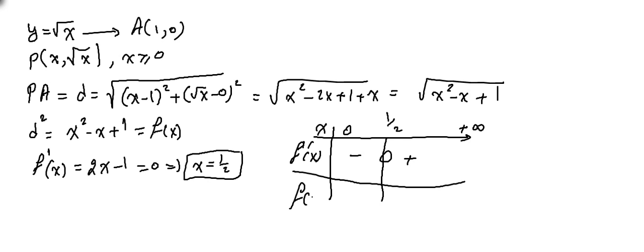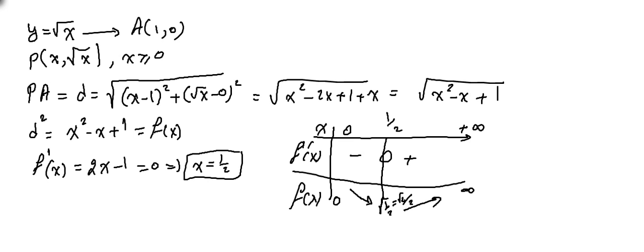For f of x, if x is 0, radical 0 is 0. If x is infinity, radical infinity is infinity. It goes downwards, then upwards. And if x is half, this is radical 1 over 2, which is radical 2 over 2.